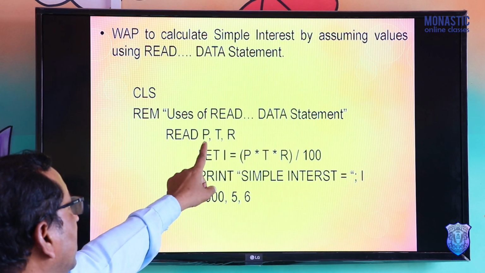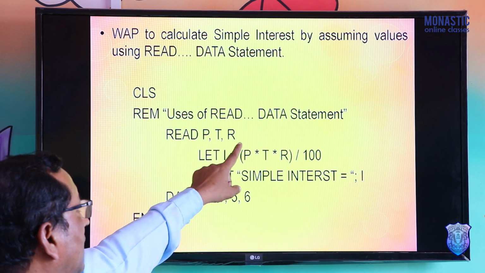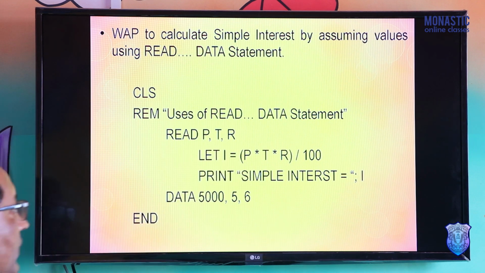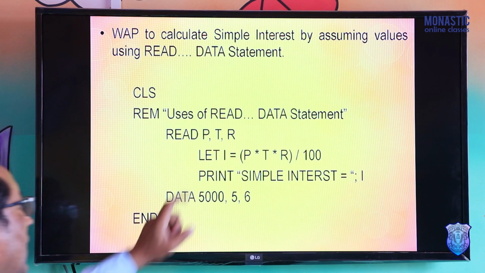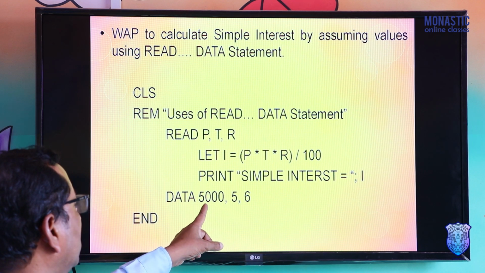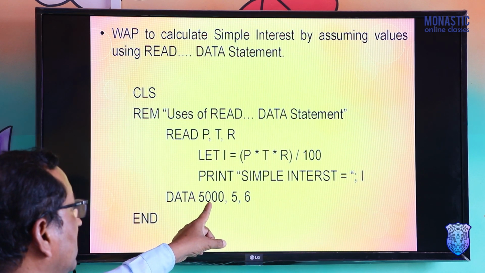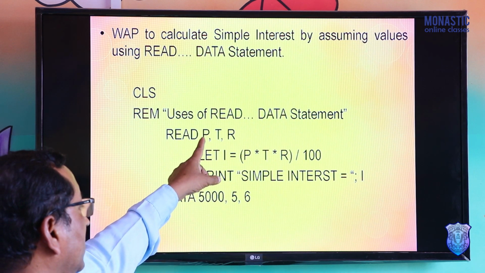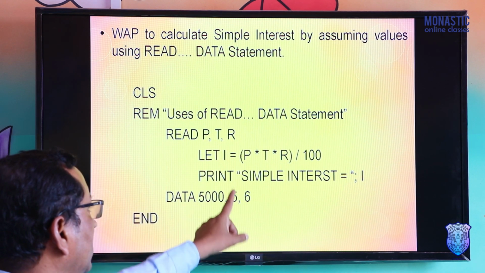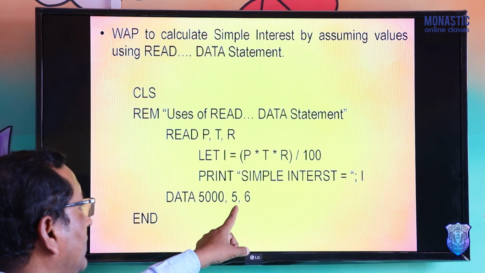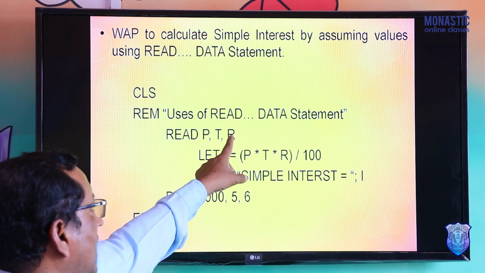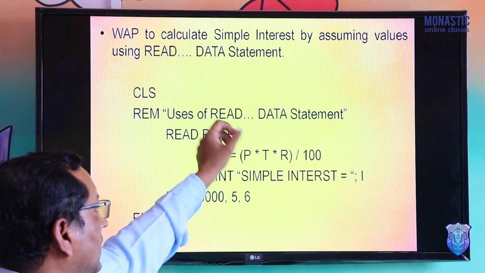Simple interest requires 3 variables: P, T and R. Here, separately given P, T, R, and their respective values are given in the data items. First given 5000, which means this is P. Second, 5 is T. Next is R rate, which means 6 is the rate.